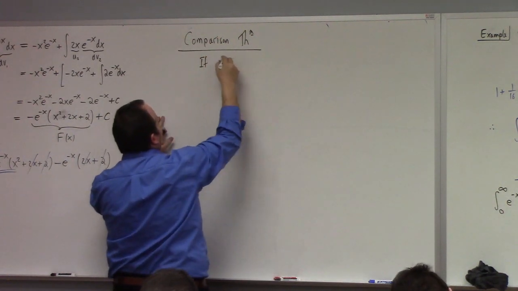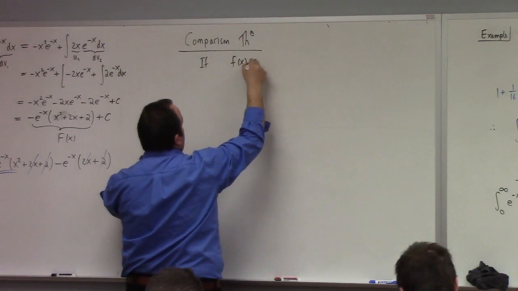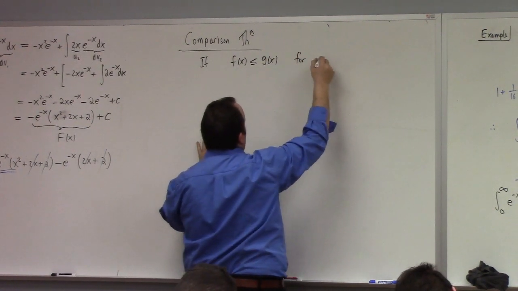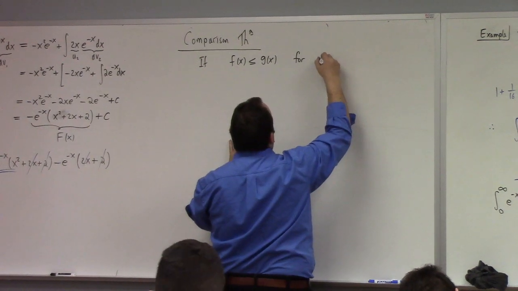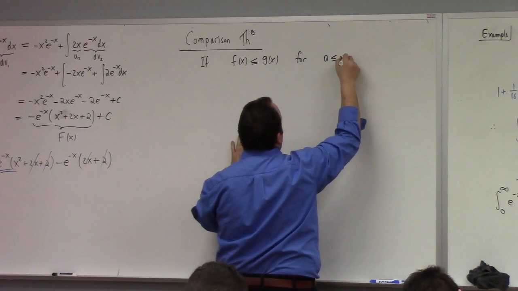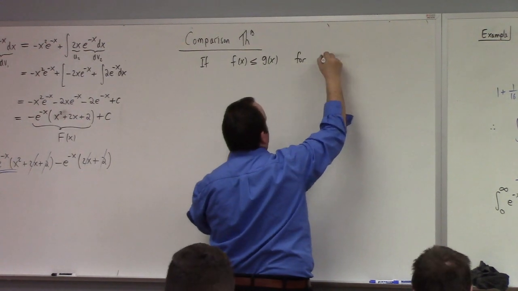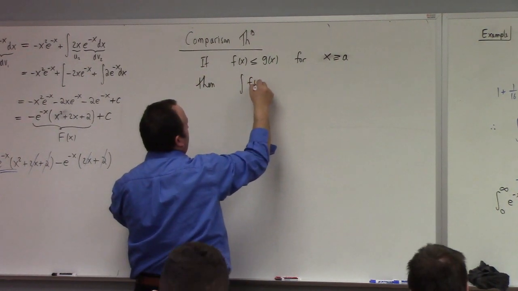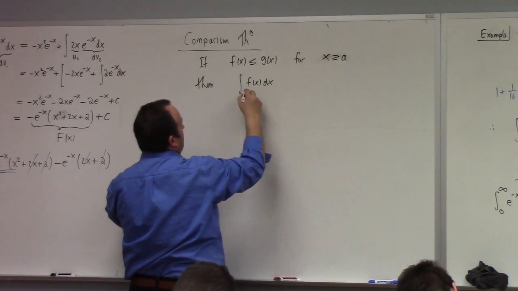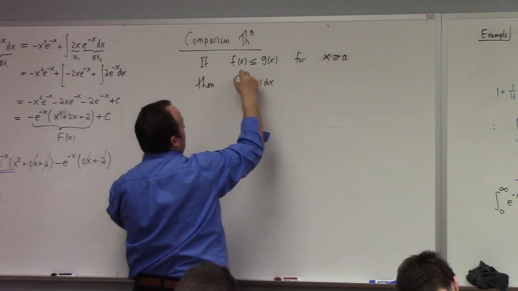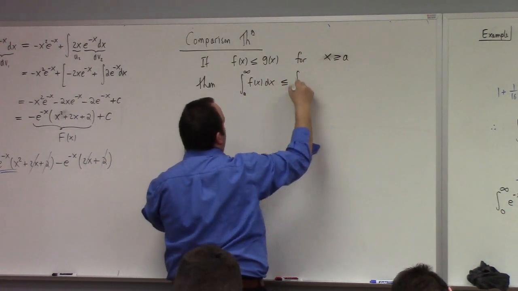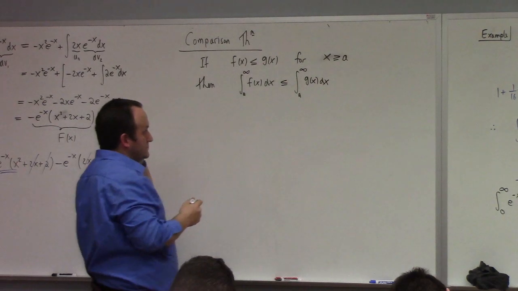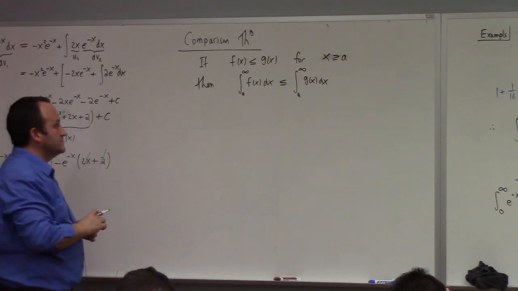It says if we have f of x less than or equal to g of x, let's say for x greater than or equal to a, then the integral of f of x dx from a to infinity will be less than or equal to the integral from a to infinity of g of x dx, provided both exist.